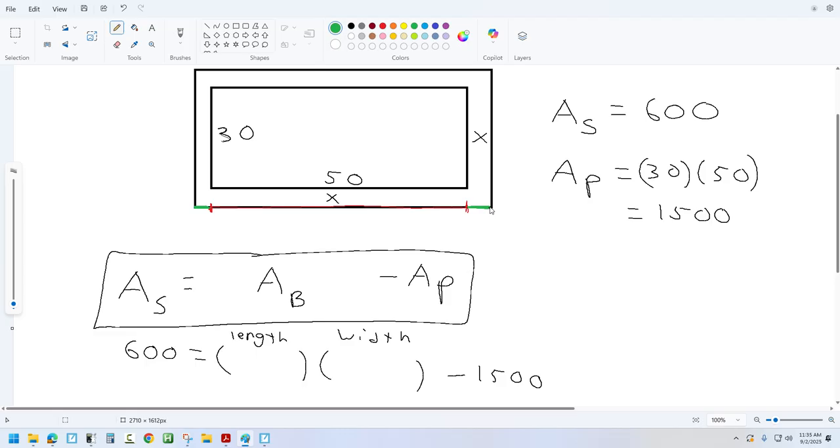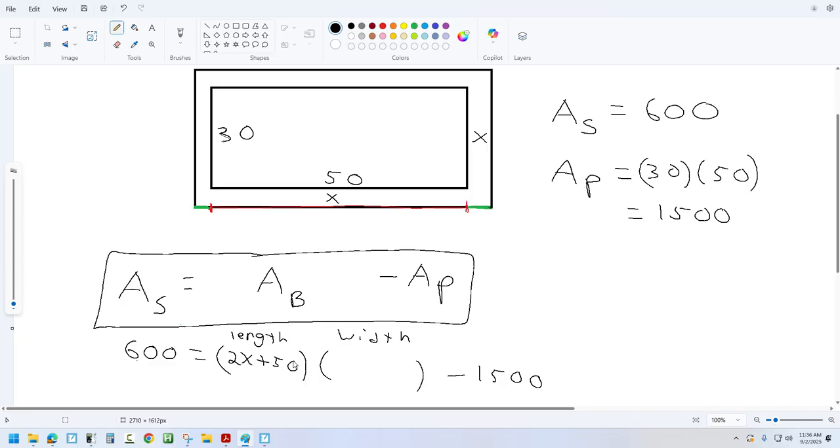So anyone think they know what the expression would be for the length of the big rectangle? Yeah. 50 plus 2x. It's the pool plus the sidewalk on each end. And the sidewalk is doubled because there's a sidewalk on each end of it. So 50 plus 2x, you could also say 2x plus 50. I'm just going to do it that way.